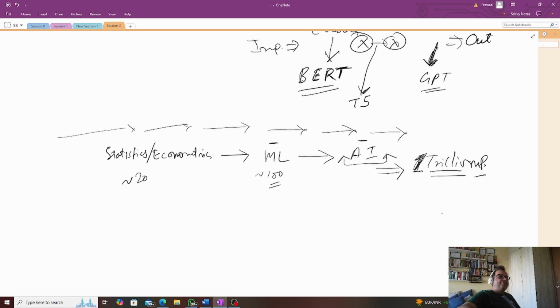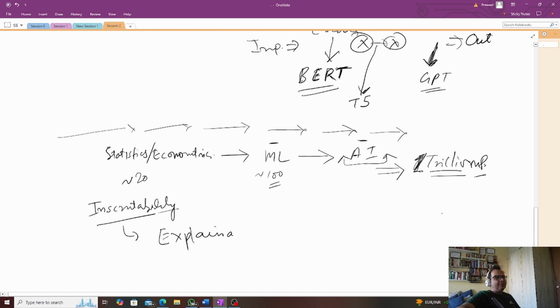So we start with the problem of inscrutability. What inscrutability means is that the problem with some of these AI models is that they are not explainable, and they are not interpretable.